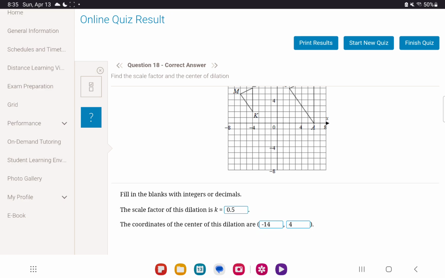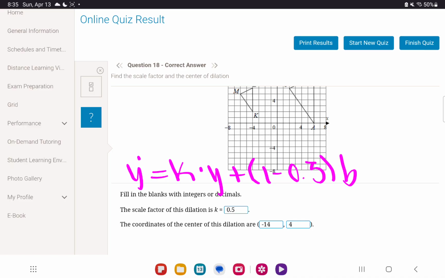Now let's find the y. The same rule, y prime is equal to k times y plus 1 minus 0.5, which is our k, times b, which we want to find, the b. So our y prime is 2.